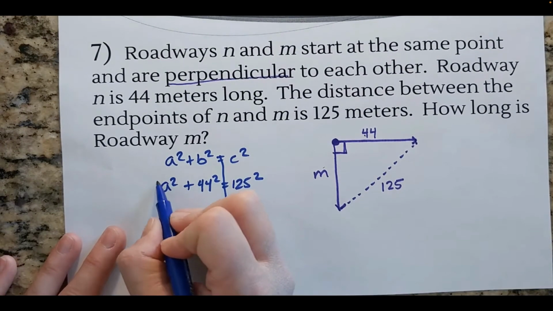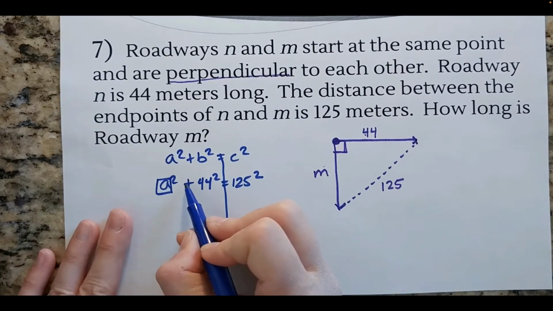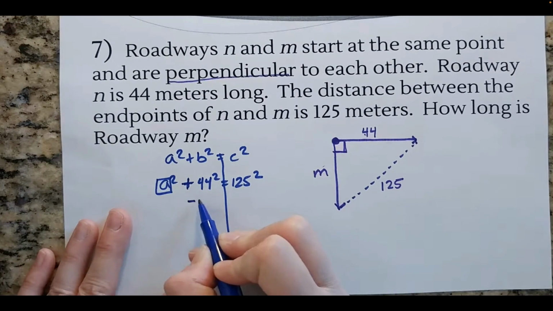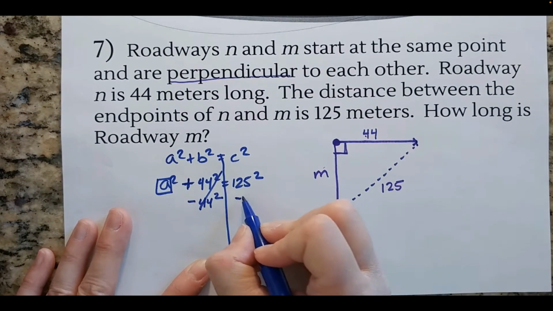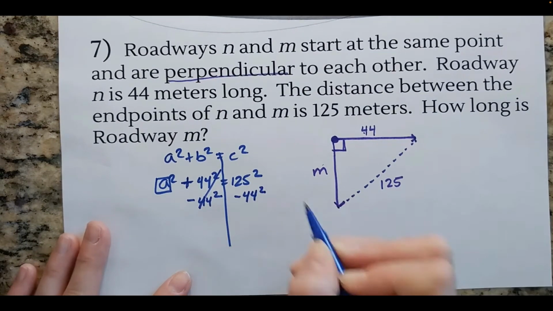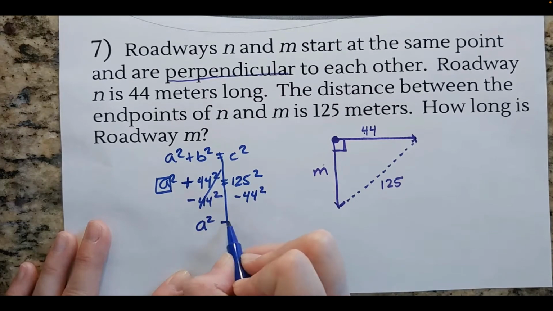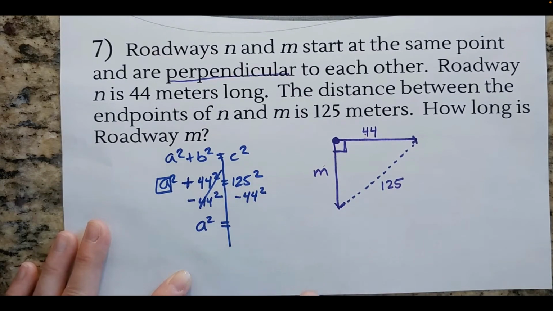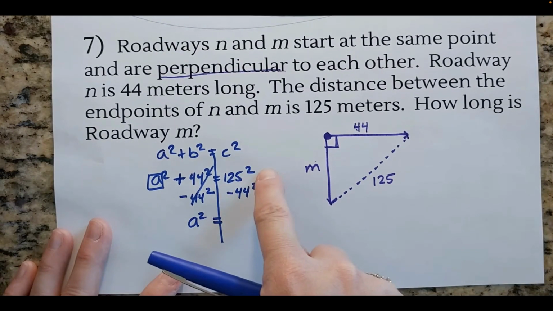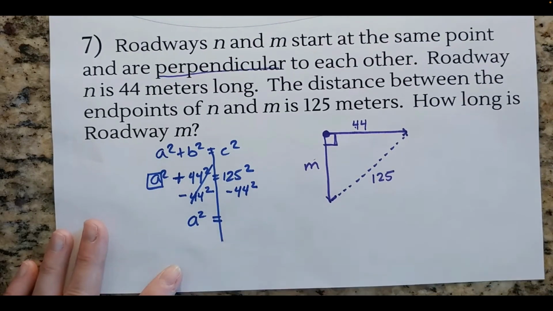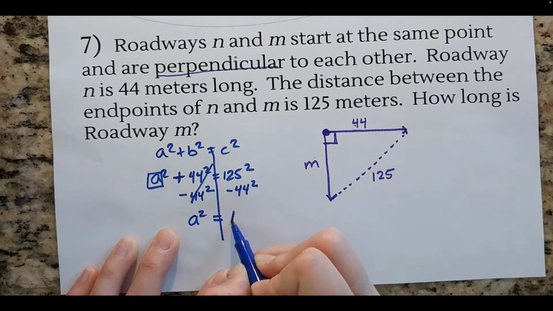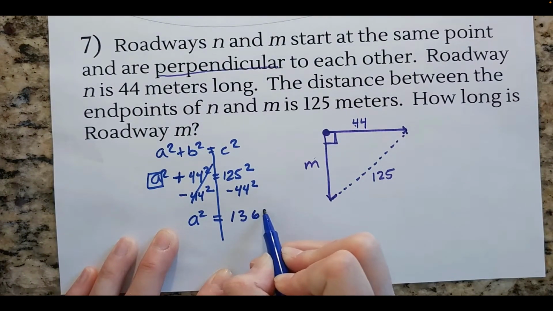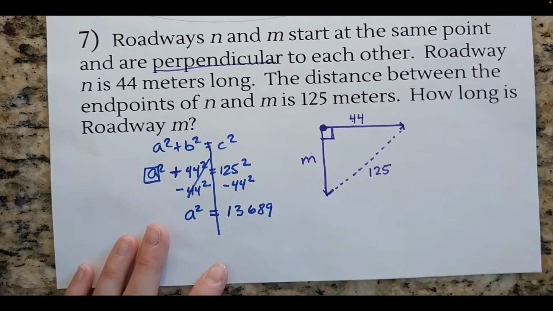So what I'm going to do to get A by itself is I'm just going to subtract 44 squared. See what I did there? And then I have to subtract 44 squared on this side. So A squared is equal to, now I can type this in my calculator, 125 squared minus 44 squared. And if you do that in your calculator, it should tell you 13,689. It's much quicker to do it this way.